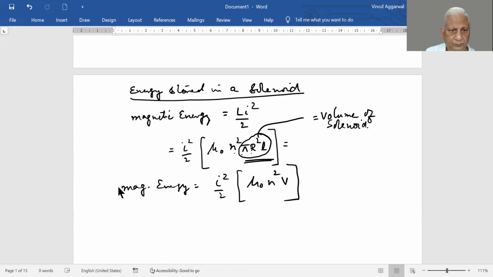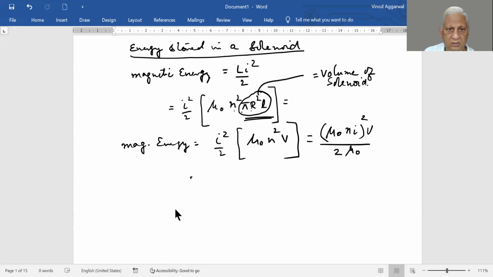If you rewrite it, we have a reason to arrange it like this, which is that this expression is nothing but the magnetic field in a solenoid.